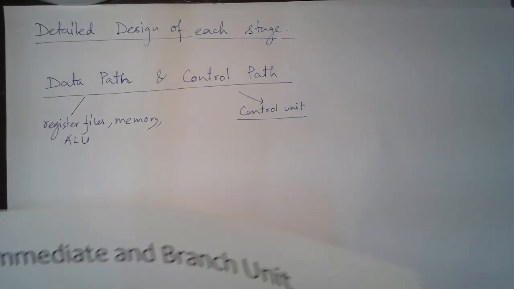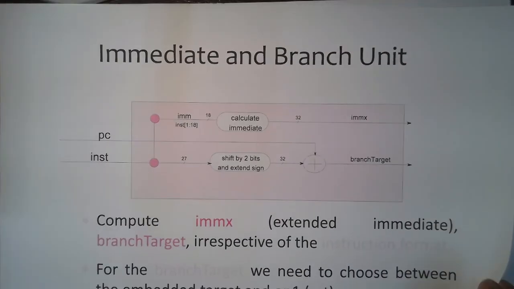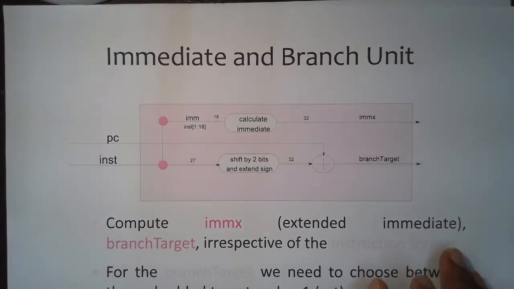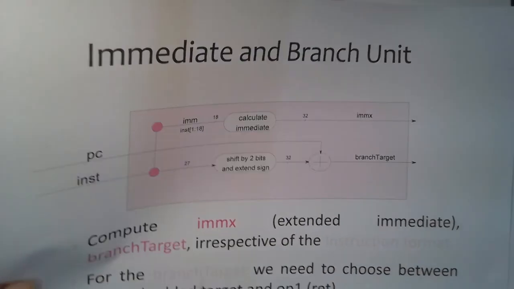Now, if we look at the other part, the immediate and branch unit. We said that operand fetch has this register part, and it also needs to deal with immediate and branch kind of instructions.